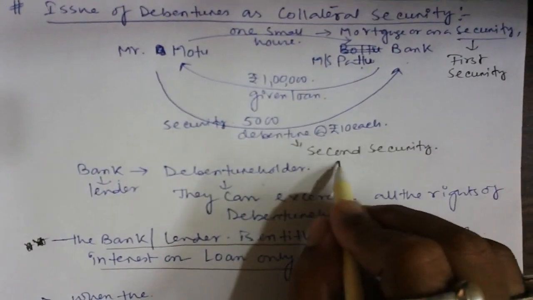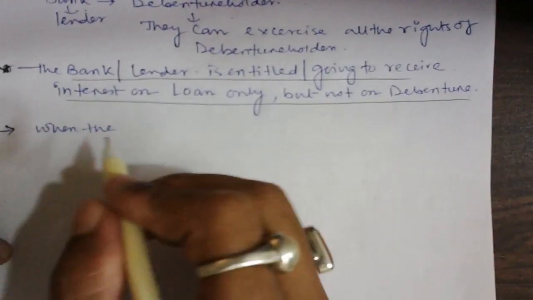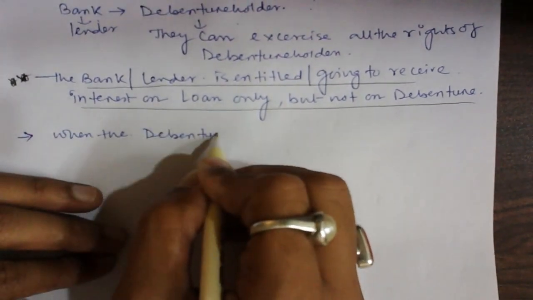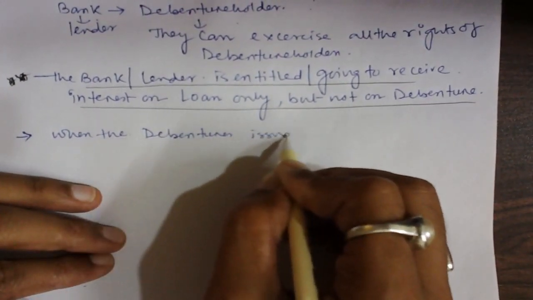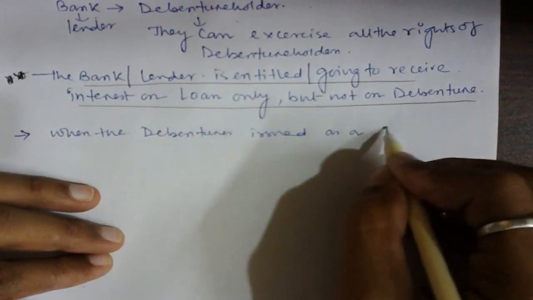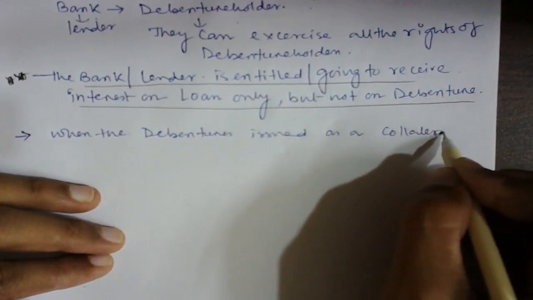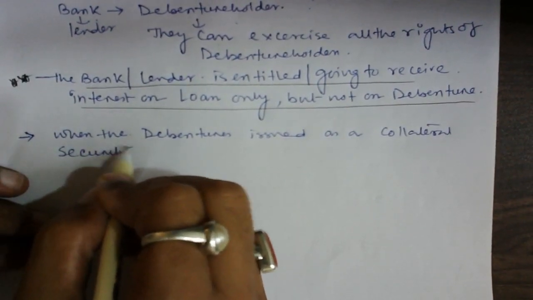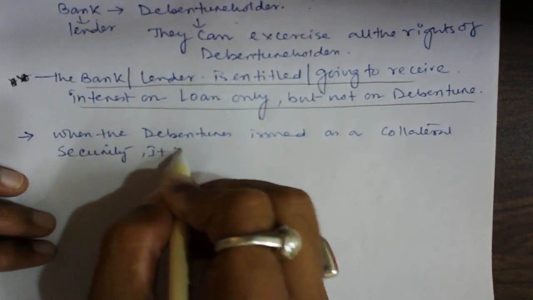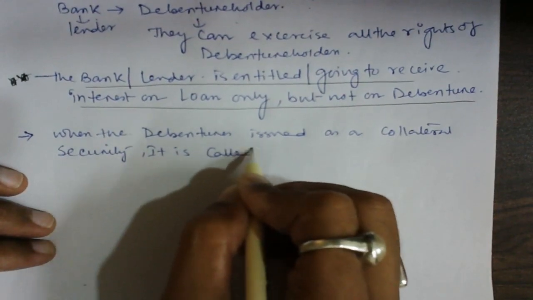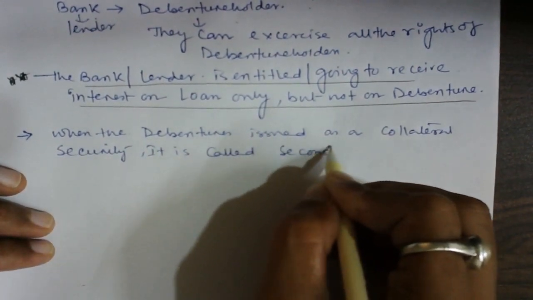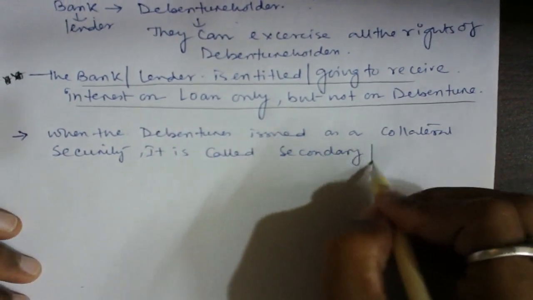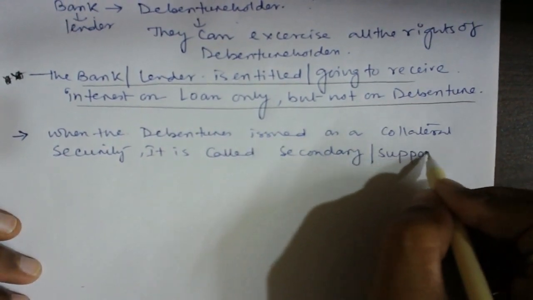Remember this, second security, or you can say secondary security. So when debentures are issued as a collateral security, it is called secondary security, or you can say supporting security.